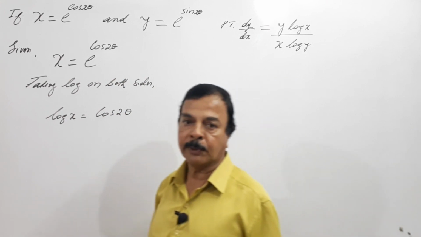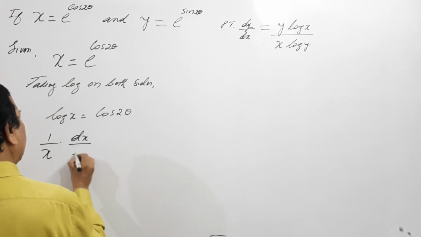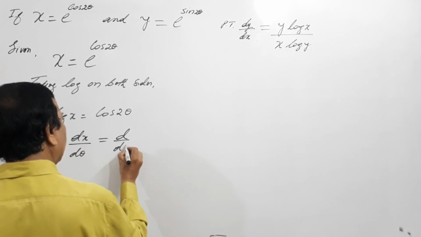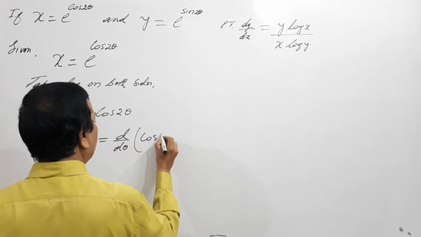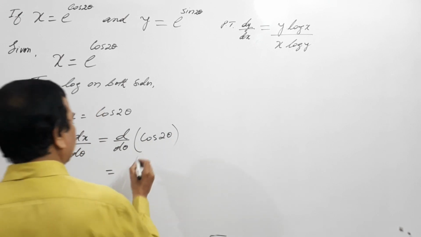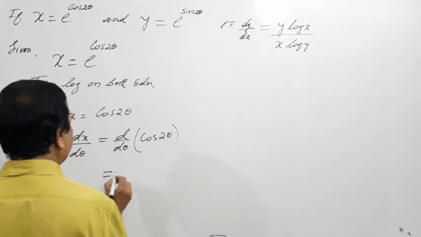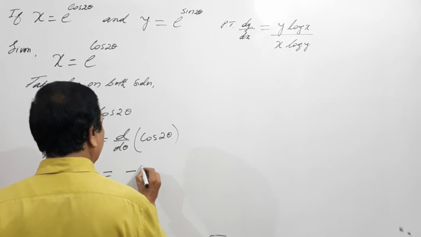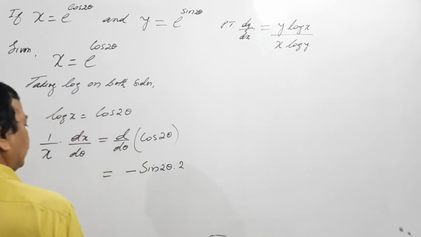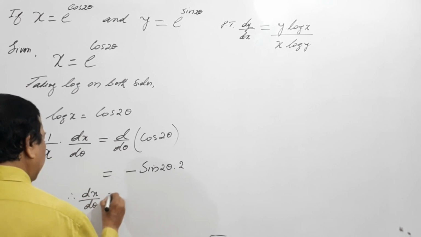Now differentiate this with respect to theta. 1 by x into dx by d theta equals d by d theta of cos 2 theta. If you differentiate cos, it is minus, so this is minus sin 2 theta into 2. Therefore dx by d theta equals what?